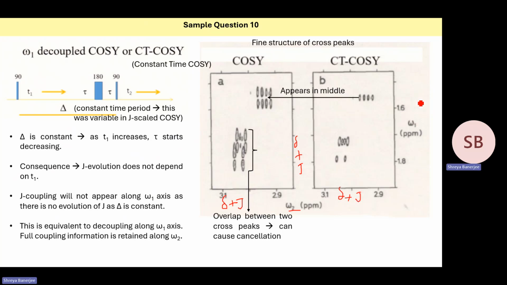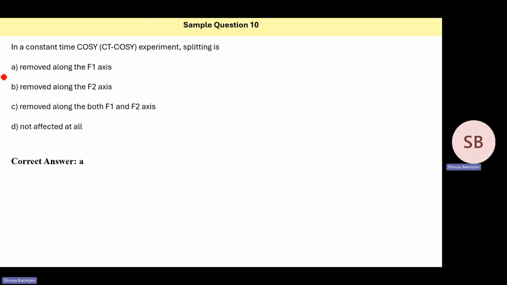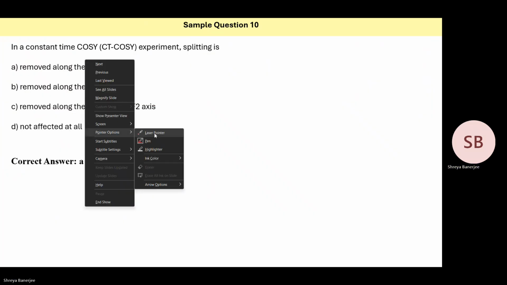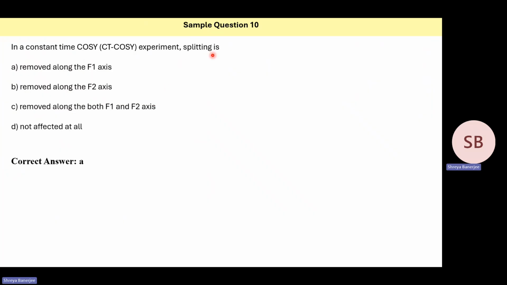But in omega 1, it becomes only delta, J is removed. So the coupling data, or J, is removed along the omega 1 axis. That is what is happening. The splitting data is removed along the omega 1, that is the F1 axis, that is A.